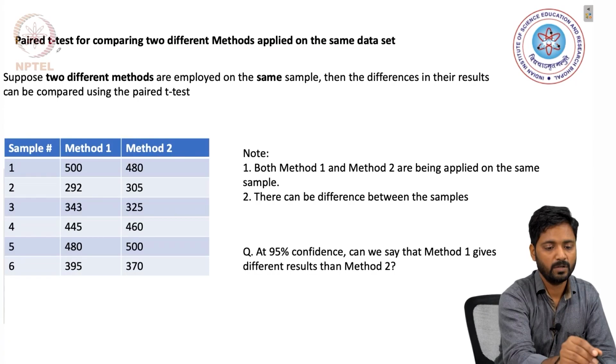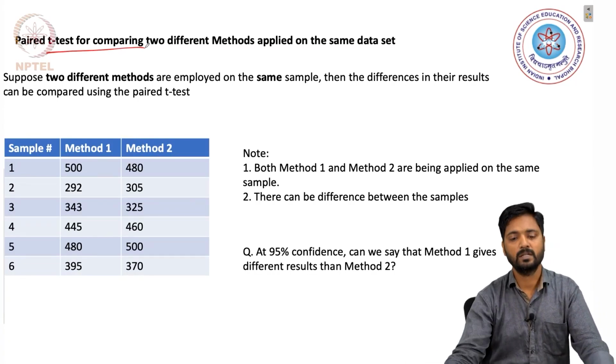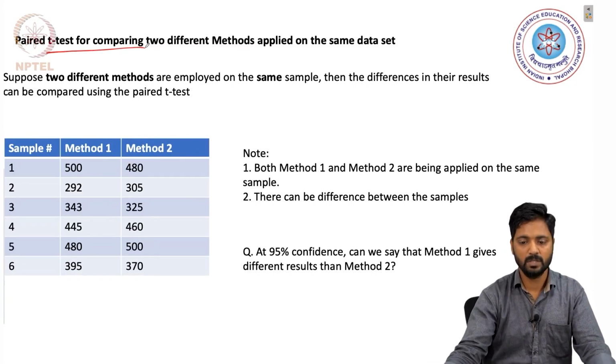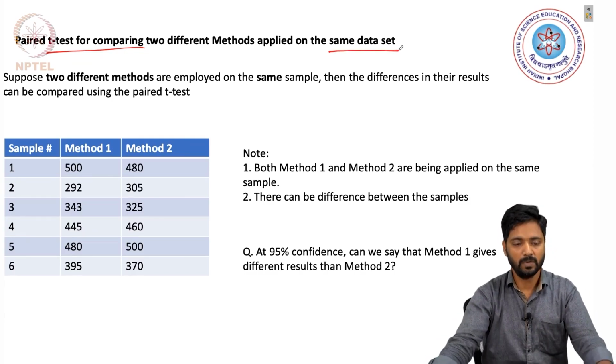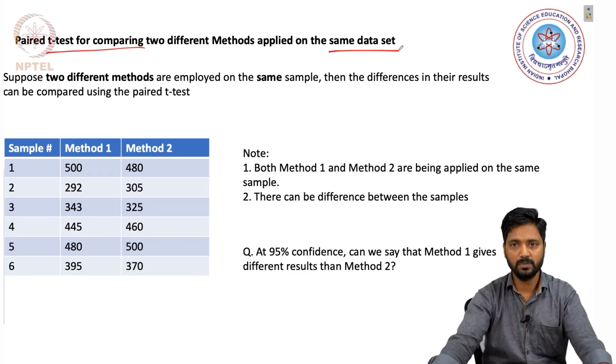Paired t-test for comparing 2 different methods which are applied on the same data set. Now again, it is important to remember that a paired t-test can be applied only when the same data set is being compared by 2 different methods.